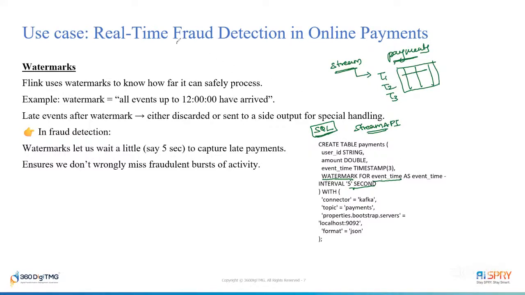Because something like fraud detection, data will be continuously coming. In a given window of 5 seconds, or let's say 10 seconds, you are observing the transactions that are made. So there is user 1, some person. User 1 has made 3 transactions in a time window of 10 seconds from different places, which is a suspicious activity.